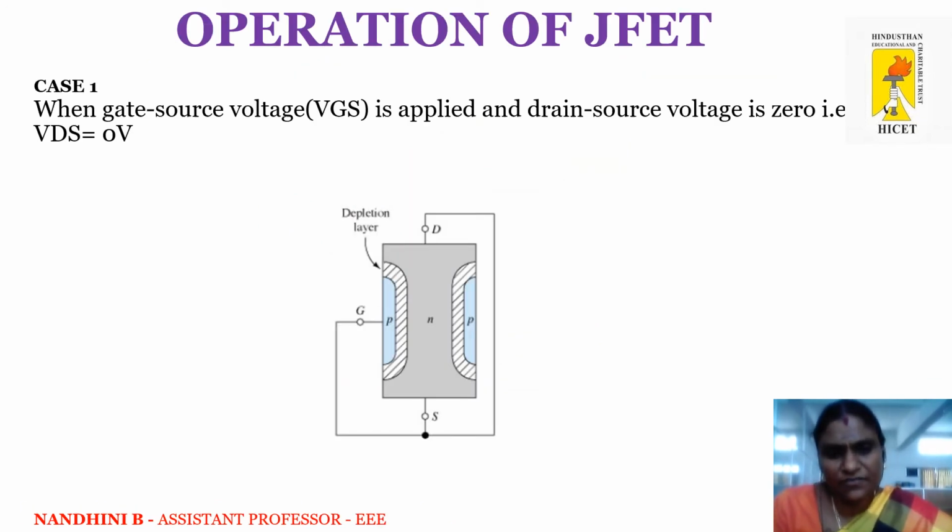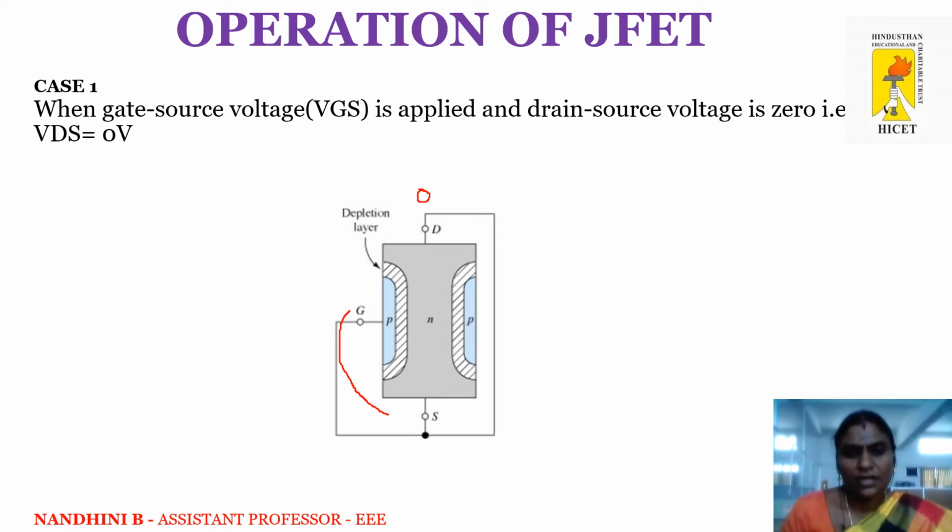Next is operation of JFET. Case 1, that is when your gate source voltage is applied and drain source voltage is 0. Gate and source is applied and drain source is 0. At that time your channel will be very normal and the depletion region also will be very normal, right?